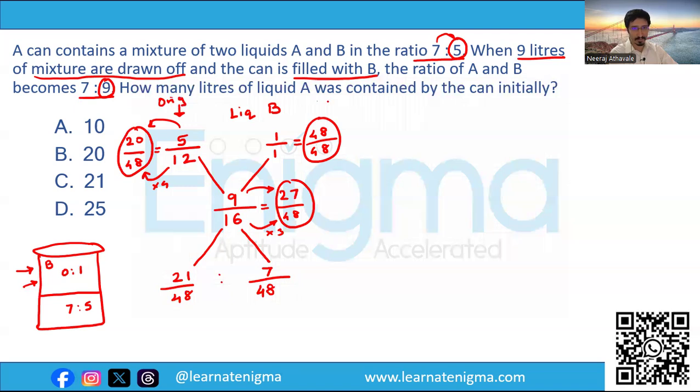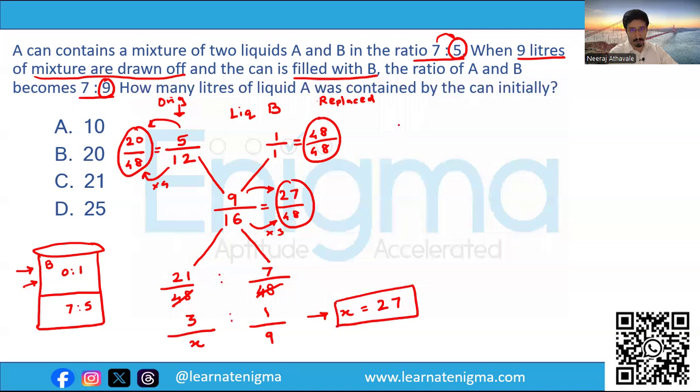And this is the replaced part. Now we know that the ratio is 21:7. We can reduce it to 3:1. Now we know the replaced quantity is 9. That means this quantity X becomes 9 threes are 27.